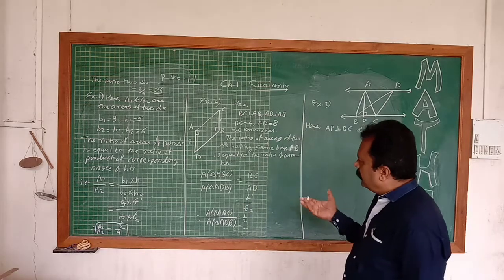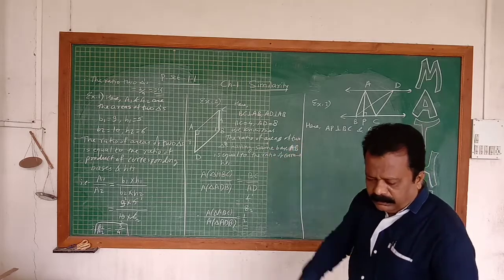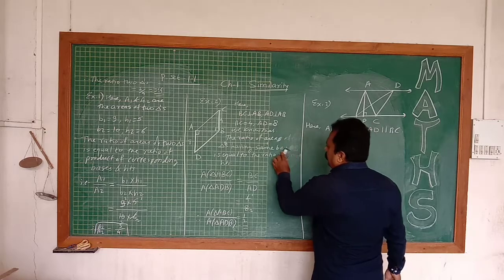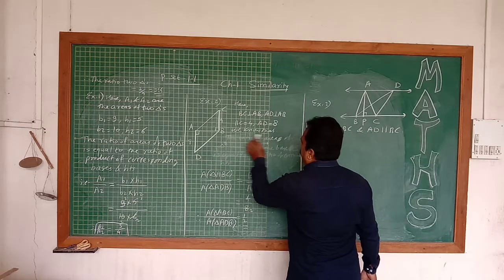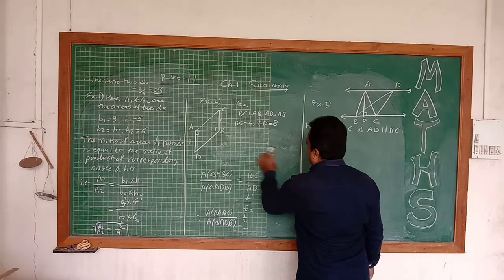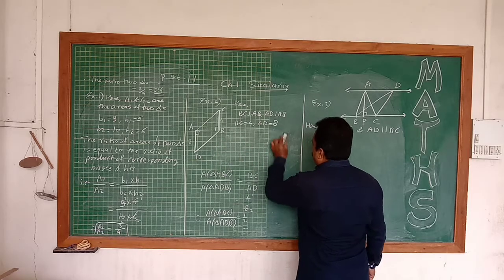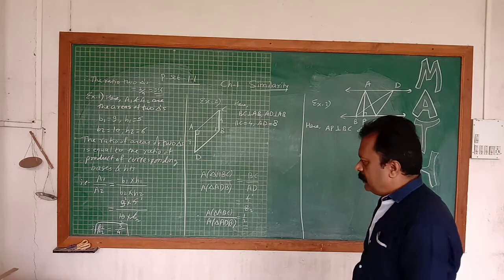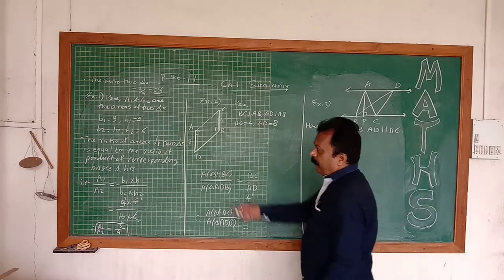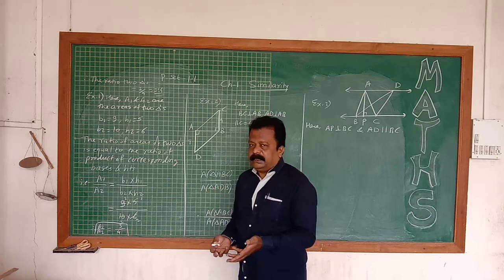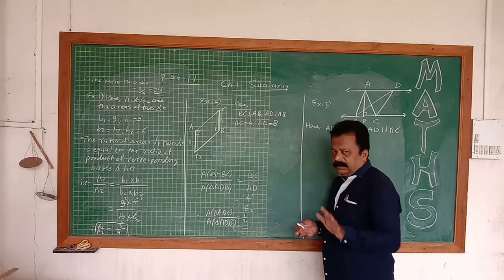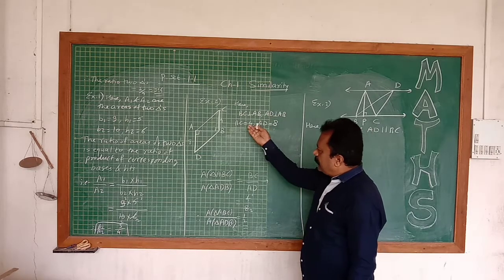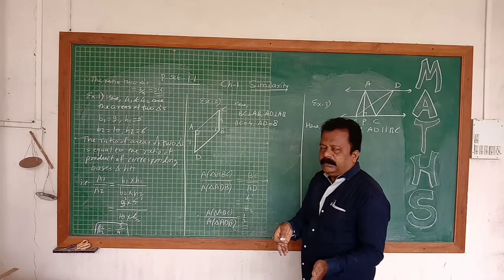Now, in another method, it is not necessary to write this; in short we can also write it. See this. You have to delete this. It is not necessary to write this property. Some students know it and can write it easily, they learn by heart or while making statements. But property number 1 is necessary; property numbers 2 and 3 are not necessary to write. Directly, first write the given, the figure is not necessary if given in the book or question.